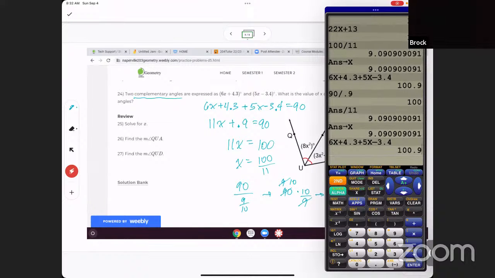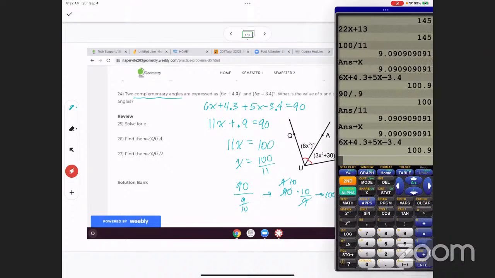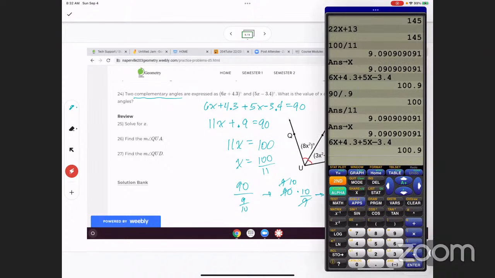Something's not making sense to me, but that shows you why you use this store button to check your answers. So there's something I'm missing here that I did wrong.